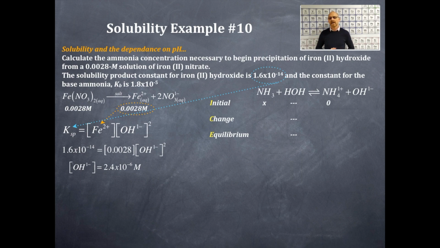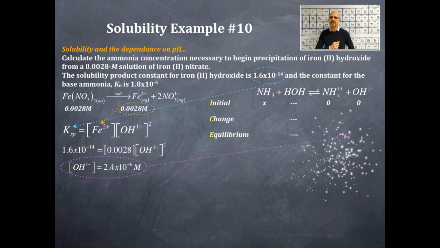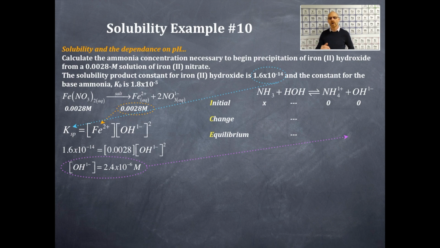We don't have anything for the ammonium ion concentration initially, so that's going to be 0. We don't have anything for the hydroxide ion concentration initially either. But this hydroxide ion concentration is what goes at the equilibrium position, so I'm going to put that right there: 2.4 times 10 to the negative 6 molar.